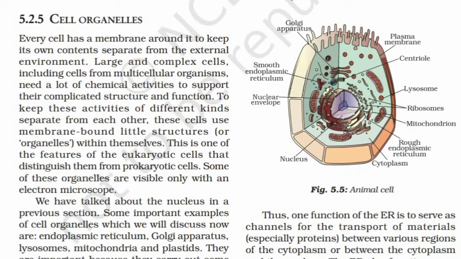Since they are large, have complicated structure and many functions to do, chemical activities are needed, and these chemical activities of different kinds must be kept separate from each other. These cells use membrane-bound little structures, or organelles, within themselves.